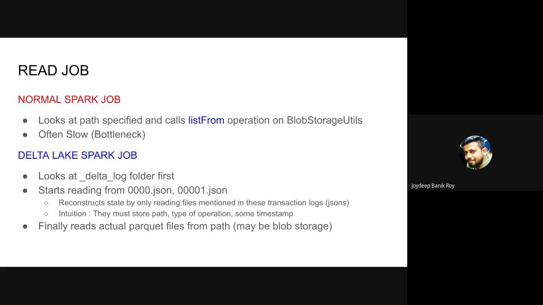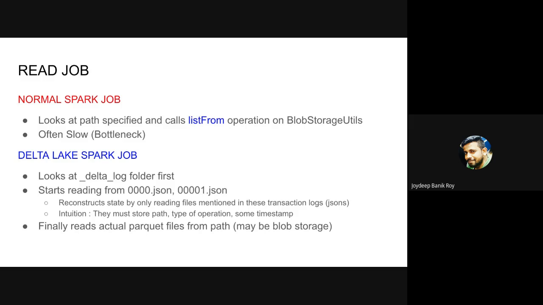What Delta Lake does in this optimization is it first looks at the Delta log folder. And there is a concept of recreating state as well through this. It starts reading from 000 JSON. There you might have added some data, and then you have deleted the same data in 001 JSON, right?